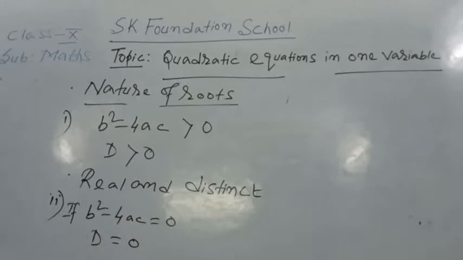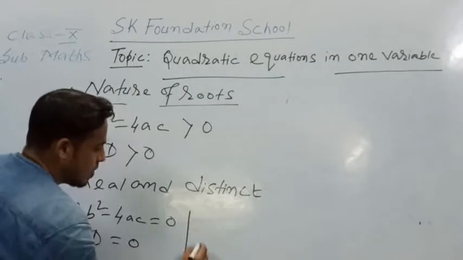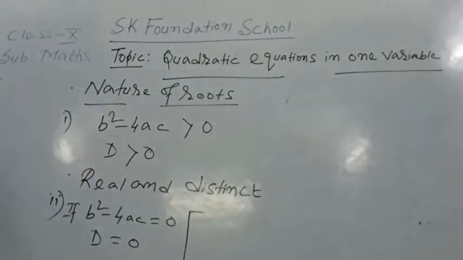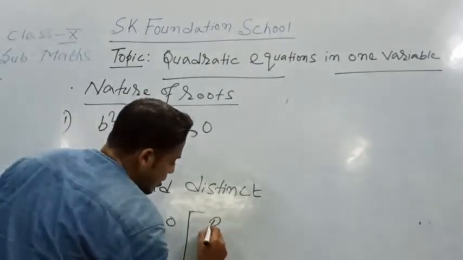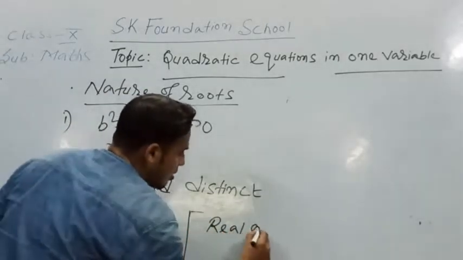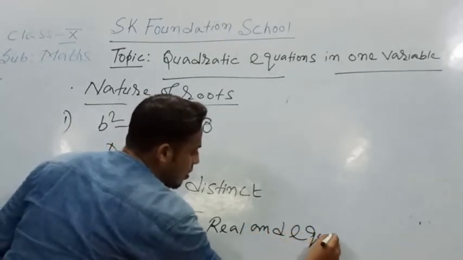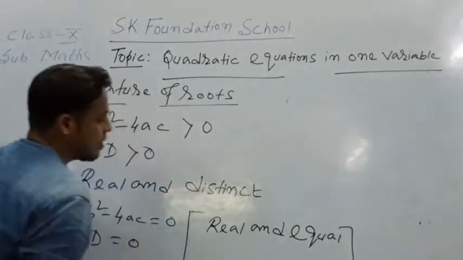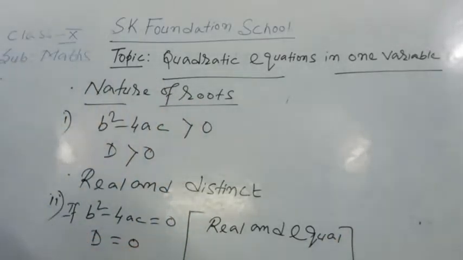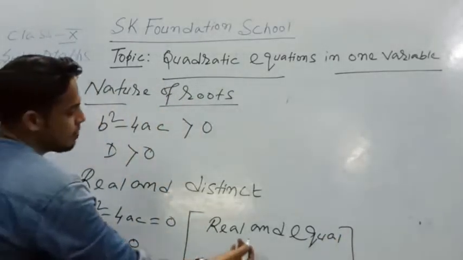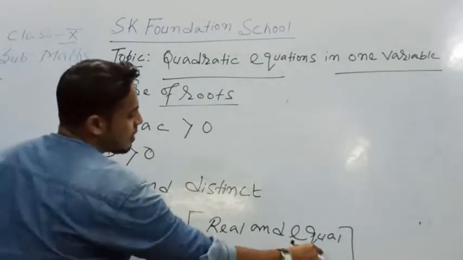At that time, the nature of roots is real and equal. This is condition number 2. When D equals 0, the nature of roots is real and equal.